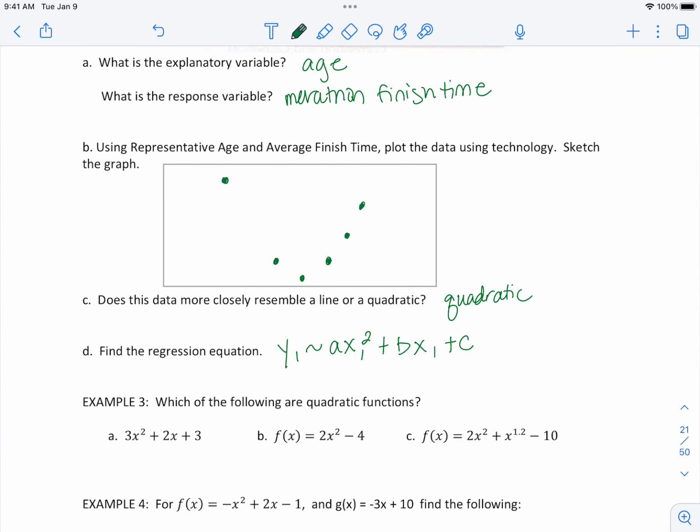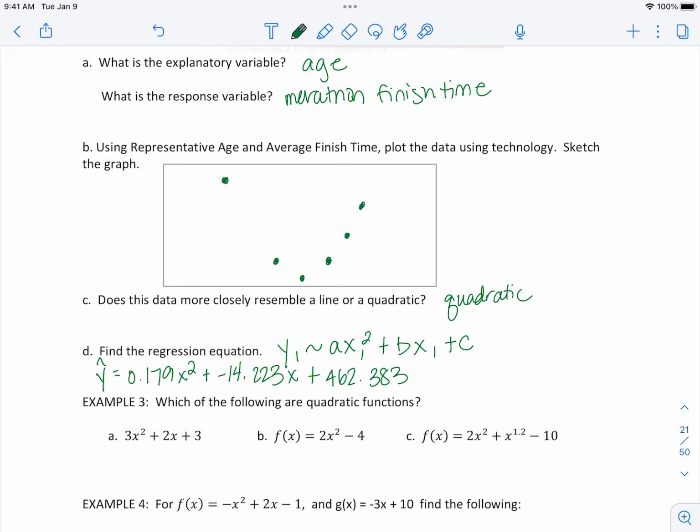All right, so again, we had y hat, because it's the predicted line, equals 0.179 x squared plus a negative 14.223 x plus 462.383.